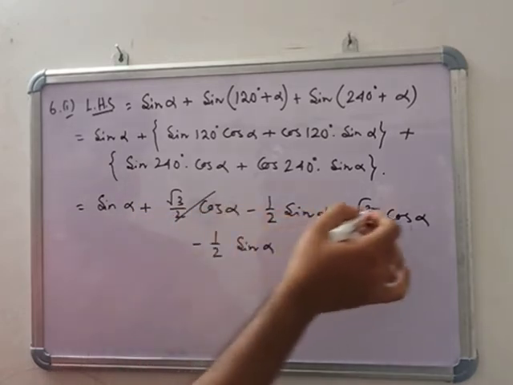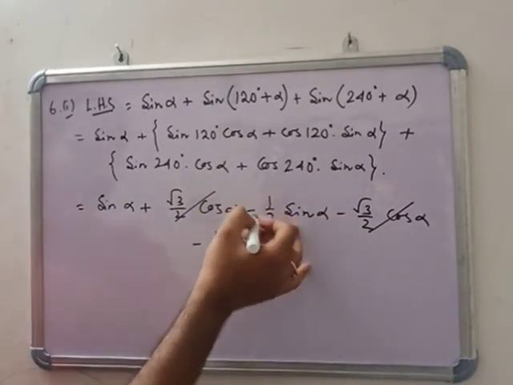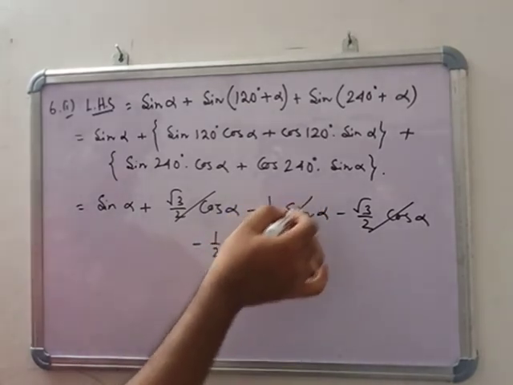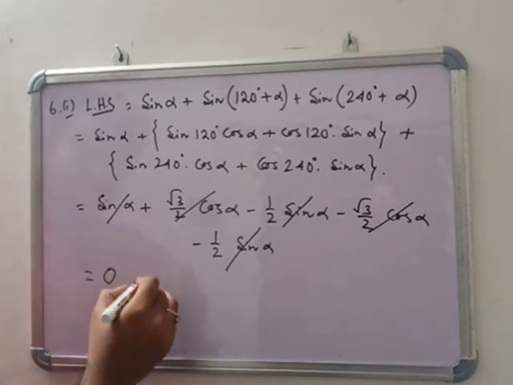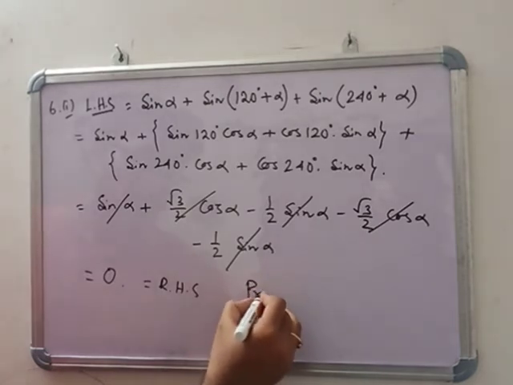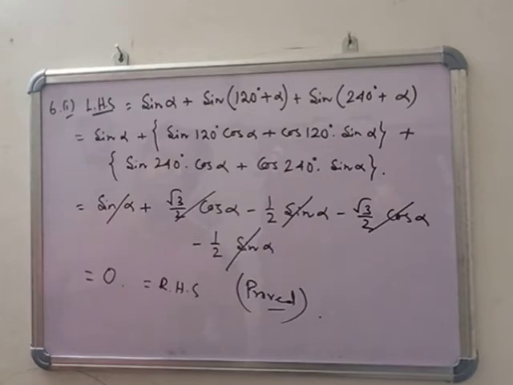So these two are cancelled. Now if we add minus half and minus half, you get minus 1. So that means these two same as sin alpha. So this is 0, which is the RHS. Next one.